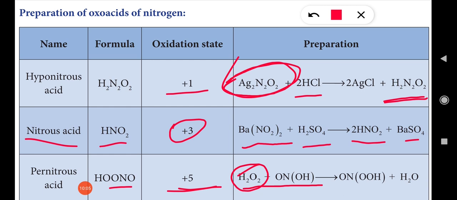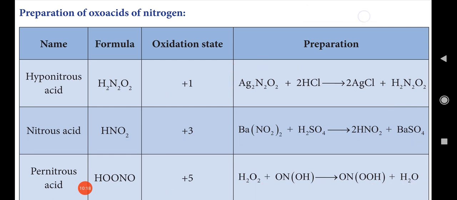When treating hydrogen peroxide with nitrous acid, HNO2, it forms pernitrous acid along with water.